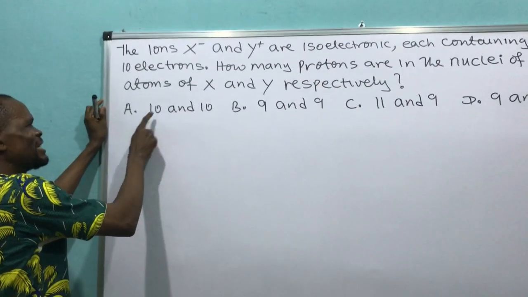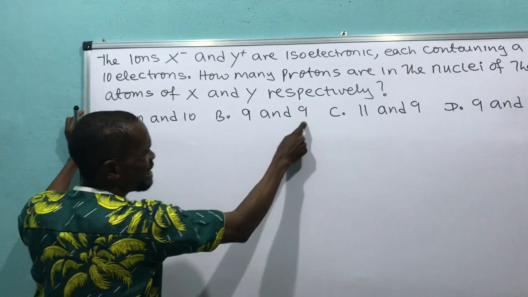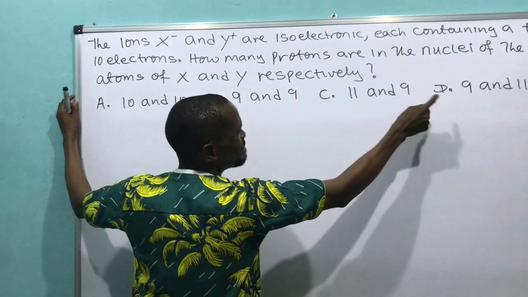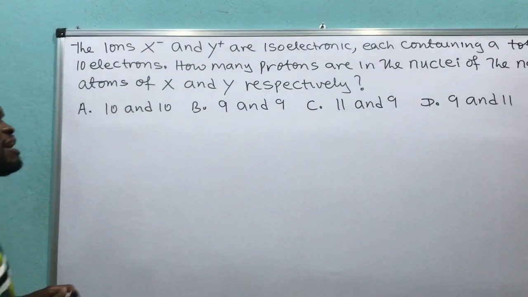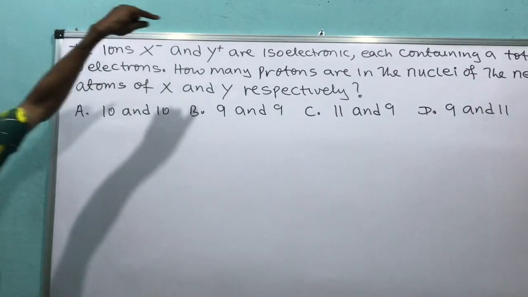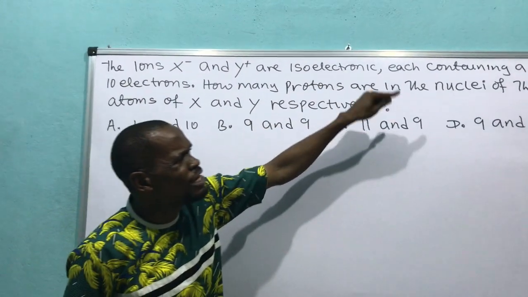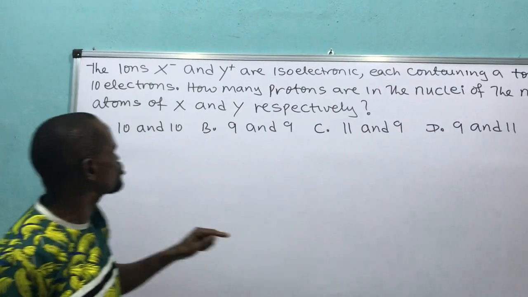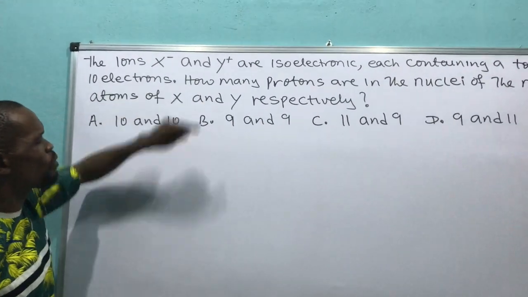The options are: A 10 and 10, B 9 and 9, C 11 and 9, D 9 and 11.